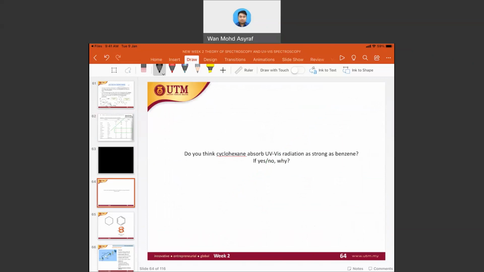So this is one of the questions. Do you think cyclohexane can absorb UV radiation as strongly as benzene? Can it do it? Okay, so you need to think. If yes, why? If no, why?